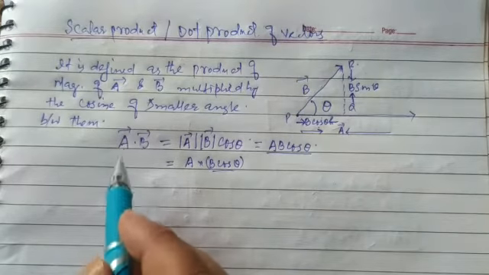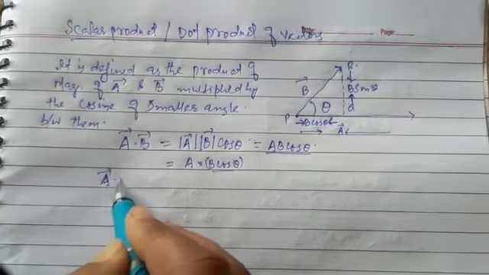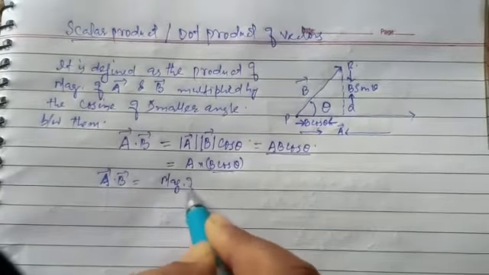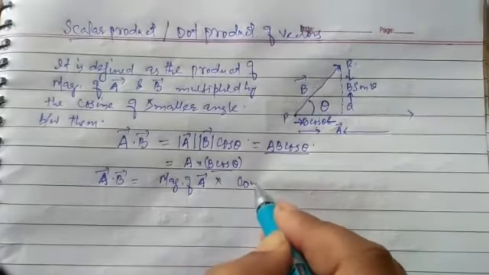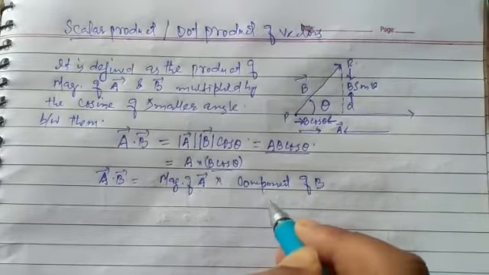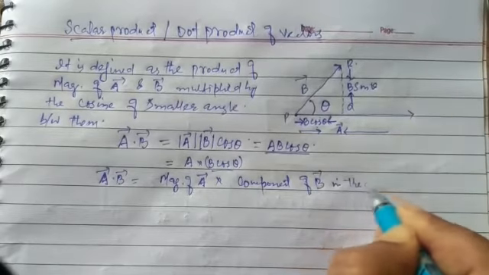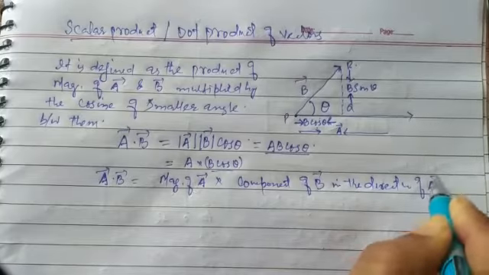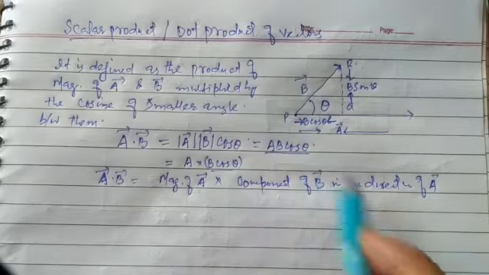So thus we can also define the dot product: A dot B equals the magnitude of vector A into the component of vector B in the direction of A. B cos theta is the component of vector B in that direction.